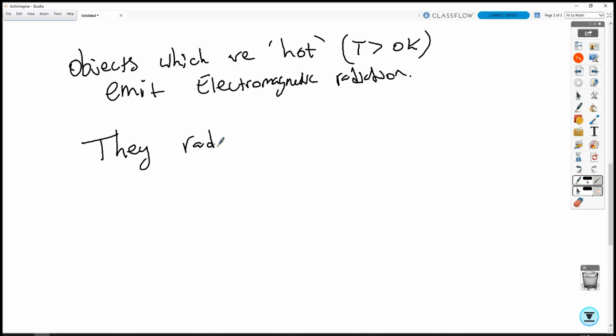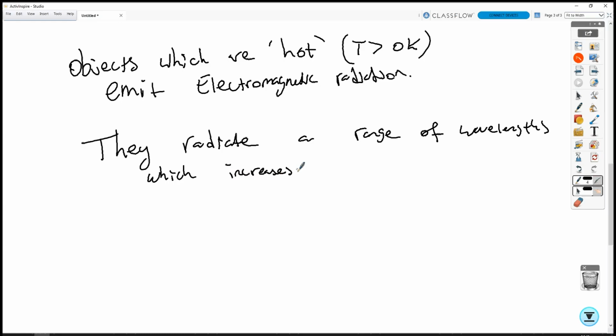They radiate or emit a range of wavelengths which increases, and I'll put in brackets here, when I'm saying it increases, we're talking about the range increases, not the wavelength increases, as it gets hotter.